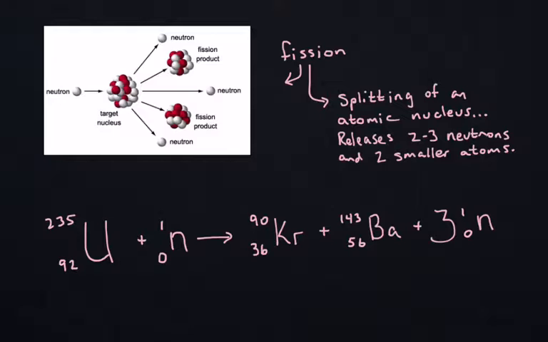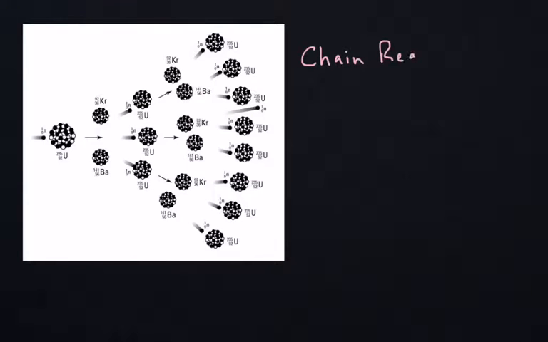So why is it important that 3 additional neutrons are released during the fission process? Well, this can create a chain reaction. If you have a bunch of neutrons that are released when fission occurs, those neutrons can now hit other uranium-235s.